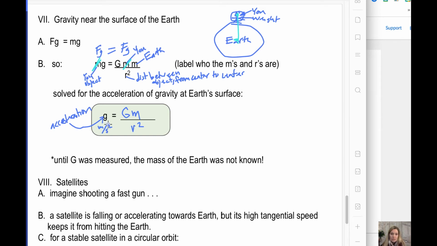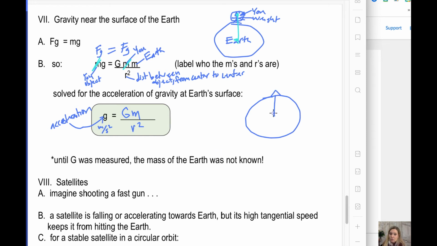Is that true everywhere on Earth? Well, kind of. The deal is, is everywhere on Earth the same r? You're going to do one, I think it's on today's worksheet or on Monday's worksheet, where you're actually going to calculate g and see if it differs much if you are on the top of Mount Everest.